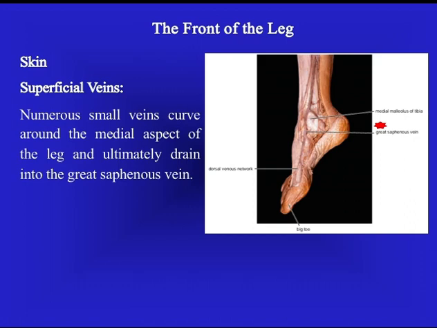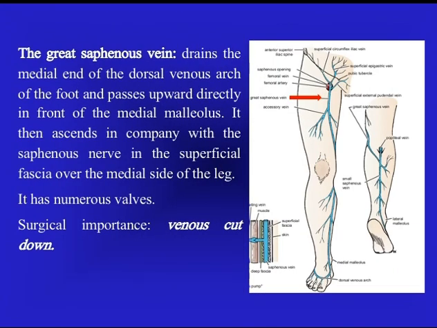Regarding the venous drainage of the foot and the leg, numerous small veins curve around the medial aspect of the leg and ultimately drain into the great saphenous vein. The great saphenous vein drains the medial end of the dorsal venous arch of the foot and passes upward directly in front of the medial malleolus.